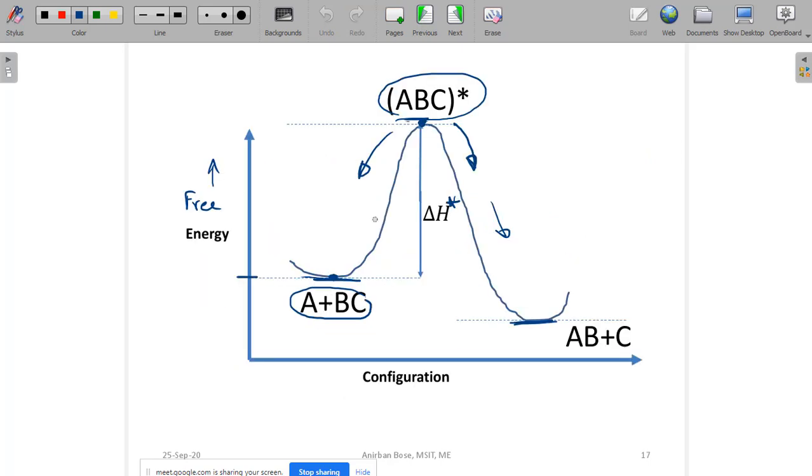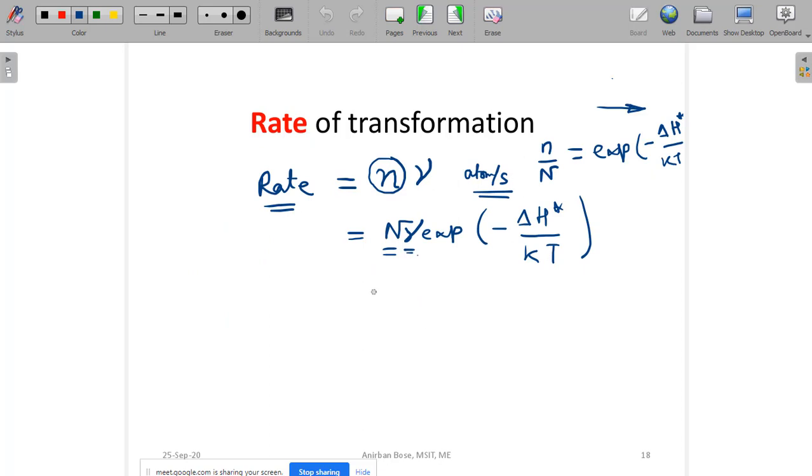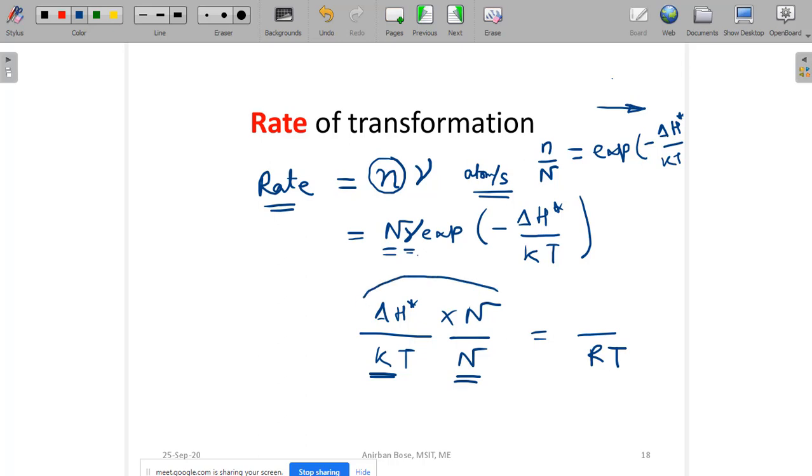These are all the same, because if you multiply delta H star by kT on both sides by the Avogadro number, the Boltzmann constant times the Avogadro number is nothing but R. So in the denominator it will become RT, and the numerator is basically Q. Firstly it was expressed per atom, here it is expressed per mole. That is the only difference. Okay, so it is all the same.